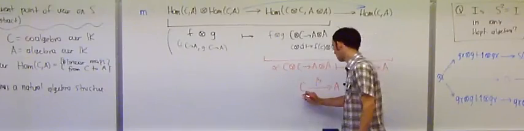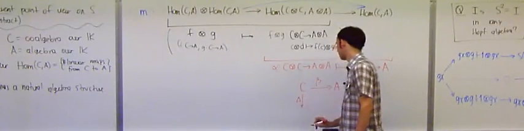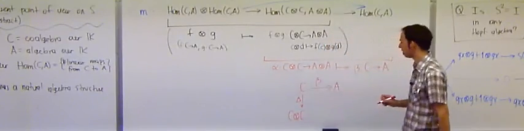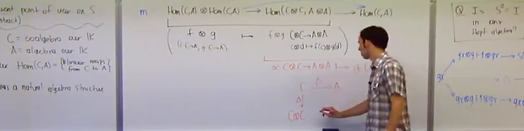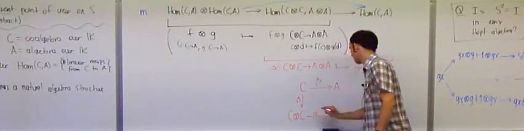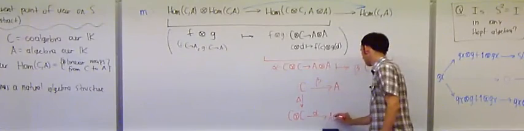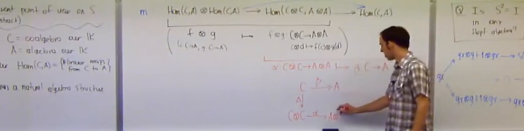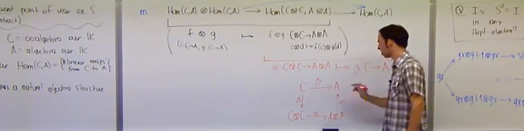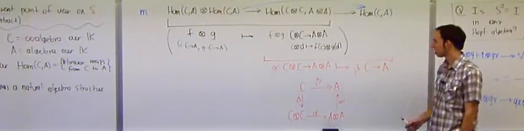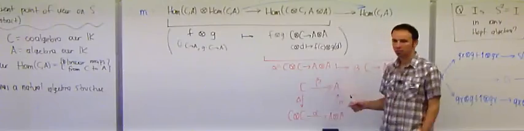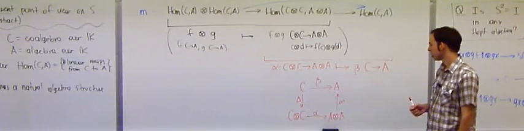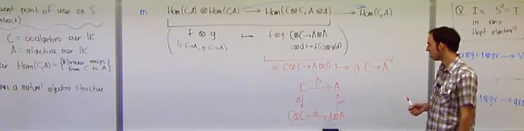So let's bring it in. Now alpha takes me to A tensor A, and from here to here, I have a multiplication map. And so I just define beta to be the composition of these three maps. It's kind of the natural thing to do.